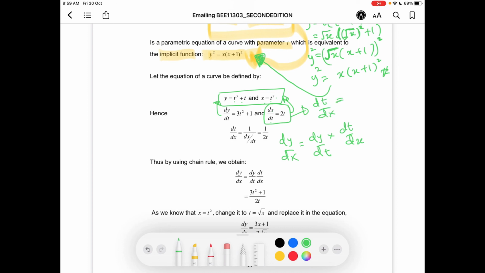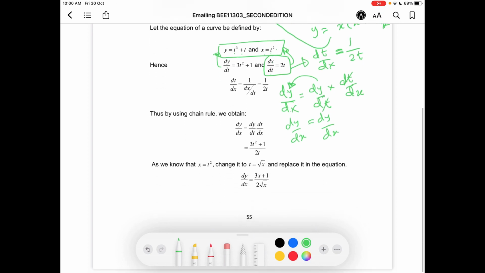So when you swap it like that, it becomes 1 over 2t. We want to cancel out the dt over here, so that we get dy over dx on the right side, which fulfills the definition of dy over dx on the left side.